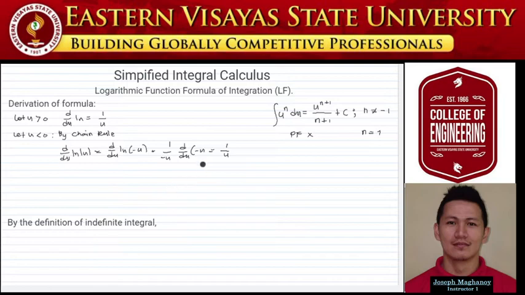Okay, so by the definition of integral, if we apply its inverse, our formula for the logarithmic function will be the integral of u raised to -1 du equal to ln absolute value of u plus c, or in other form, the integral of du over u is equal to ln absolute value of u plus c.